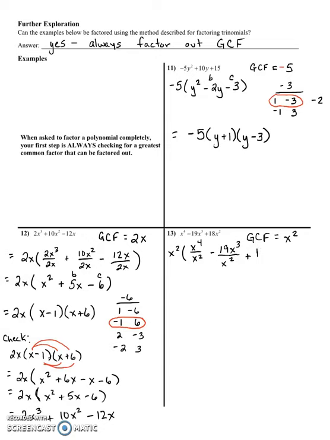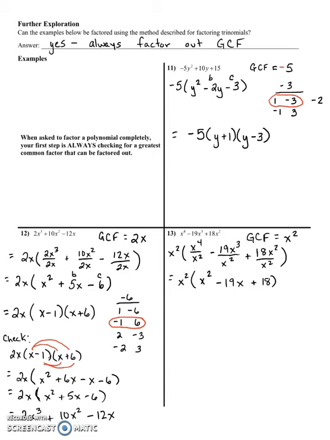But until you have lots of practice, it's probably a good idea to do it this way. Okay, so when we do that, we have the x squared hanging out front. Remember, we're subtracting exponents, so x to the 4 minus 2 is x squared. Then we have minus 19x plus 18.